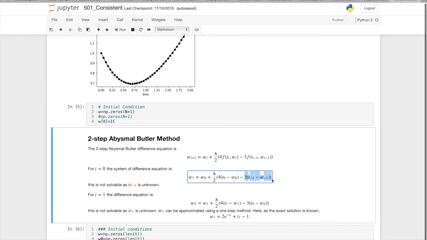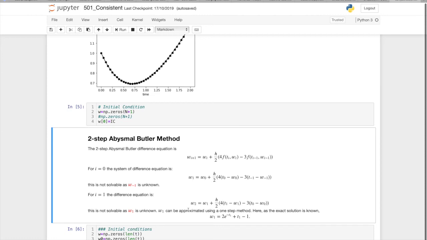This is an issue with any two-step method. You always have to start a step in. So we have to start at i is equal to 1. Now this is all reasonable, but we have the same issue. We do not know what w1 is. Now, you can approximate w1 using any one-step method. It's generally advisable to use a higher order method than the method that you're using for the multi-step.